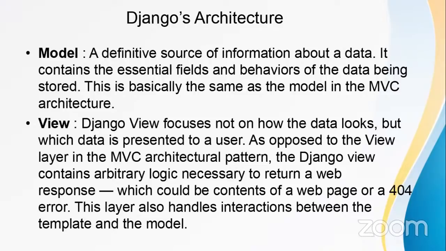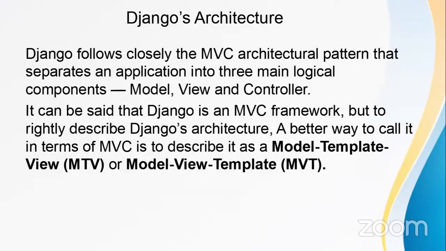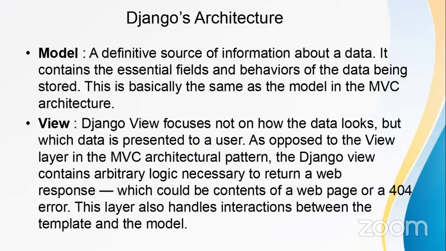So the view acts as an intermediary between our templates and our model. Remember I said it could be called a model template. So it works like a controller would, basically, but in Django, it is the view.